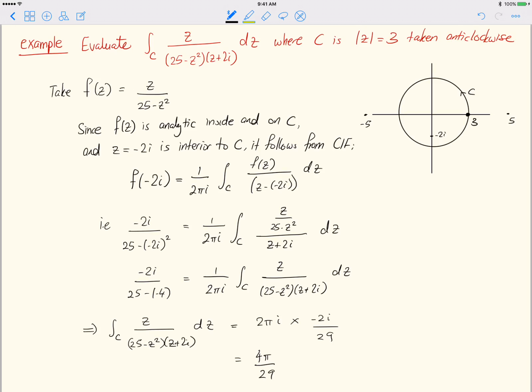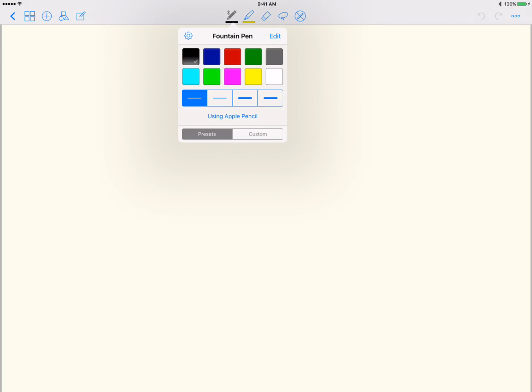Okay, I'll do one more example, and this one I guess is a little bit harder, but still not that hard. In any case, I don't think it'll get any more challenging than this one. So let's have a look. I want to evaluate the following integral.